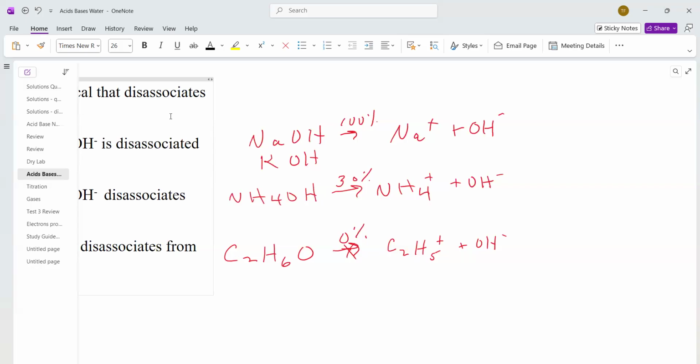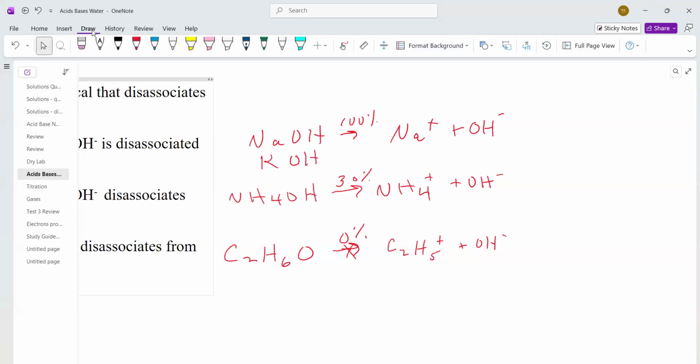And a non-base, even though it has an OH on it, for example, who's heard of ethanol?